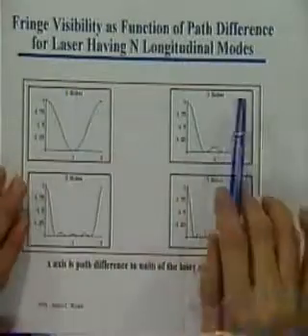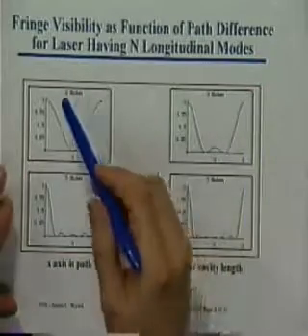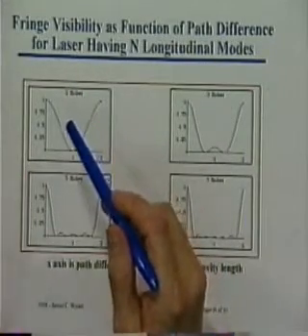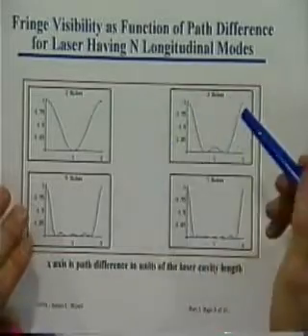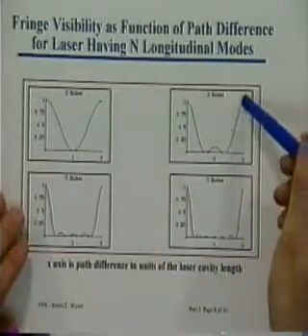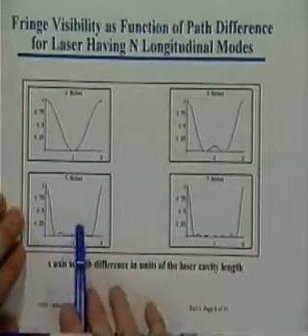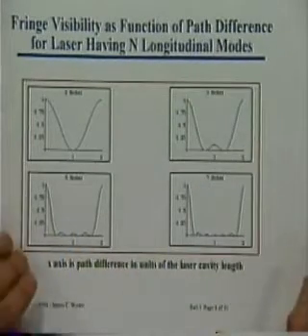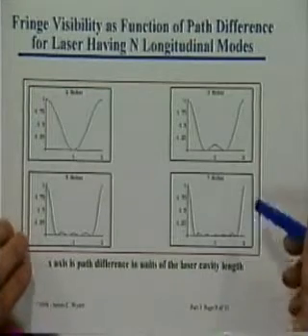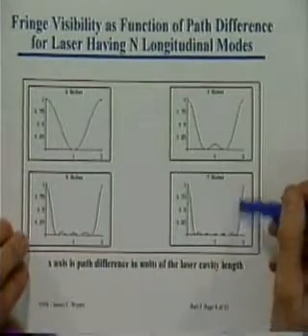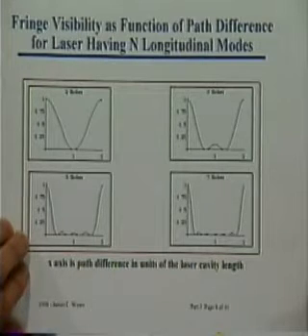So for 5 beams, you got much sharper fringes than you did for 1 beam, because you had the sine squared of n over 2 times phi. And it's the same equation, same results that you would get here for the coherence function. The fringes become much sharper, or in this case, the coherence function becomes much sharper as you add in more and more frequencies. And as it went to an infinite number of frequencies, of course, this would essentially become a delta function here. Okay?